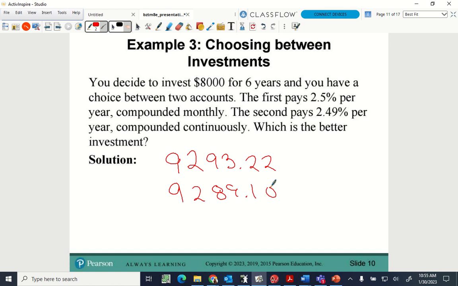I added a zero there because we're talking about dollars and cents. So we have two different ones here. The better one is actually going to give me the better increase. So I want to invest in this, because with investments you want to make more money. If you're making payments, you want to pay less money. This one, you're making an investment, so you want to earn the most money. So this one would be the better one.